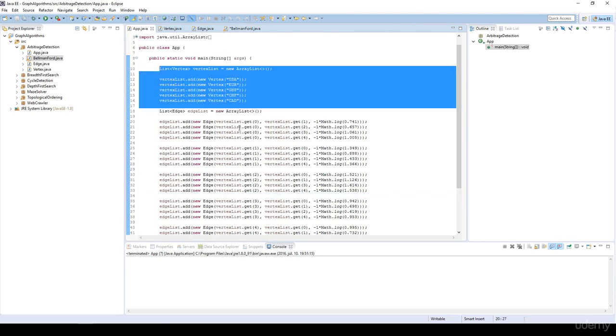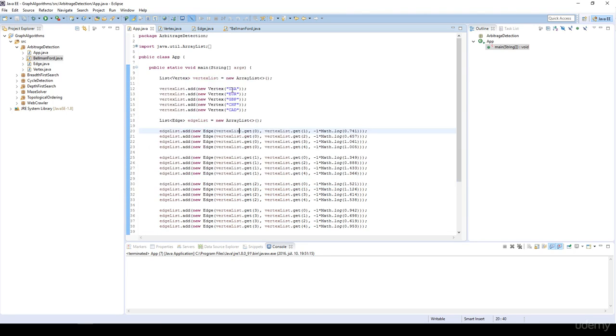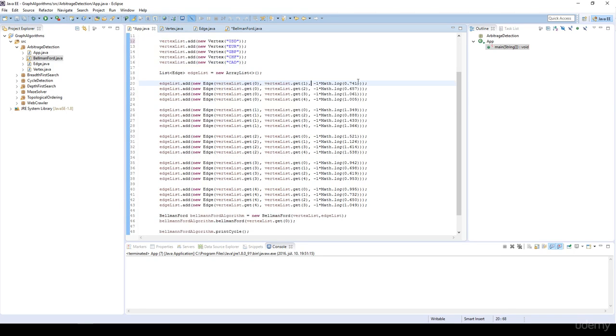Okay, this is the hard-coded version. Not so nice. We have the United States of America dollar. Sorry, it's the USD, by the way. Anyways, euro, pound, franc, and the Canadian dollar. And this is exactly what we have been discussing in the theoretical section, that we have to take the natural logarithm of the given relative value and we have to multiply it by -1, so basically we have to negate it.